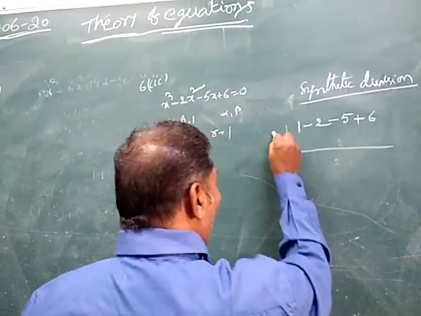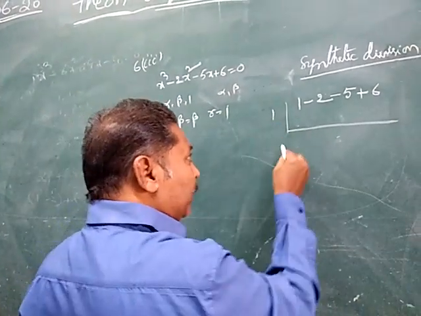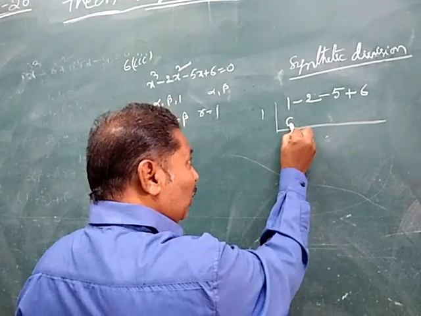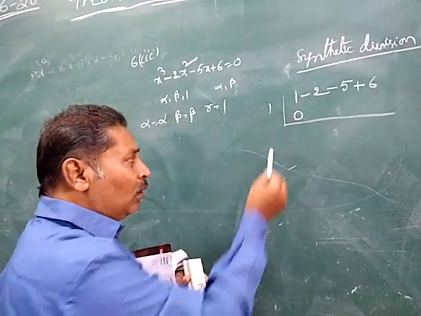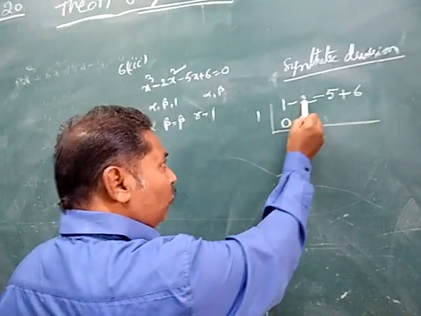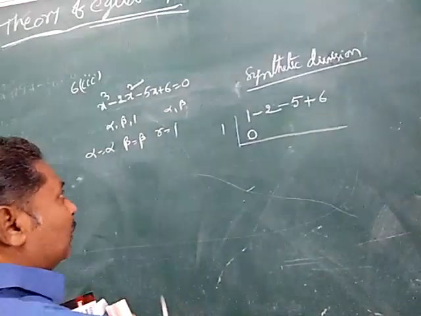Take a 1, this one is this one. First put a 0 in this place. Synthetic division, we take the coefficients of the given equation.